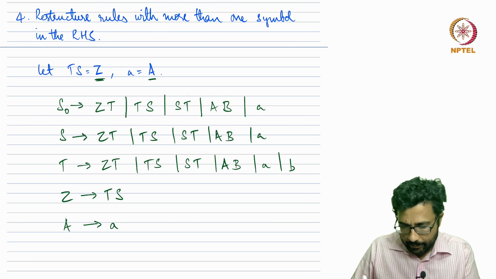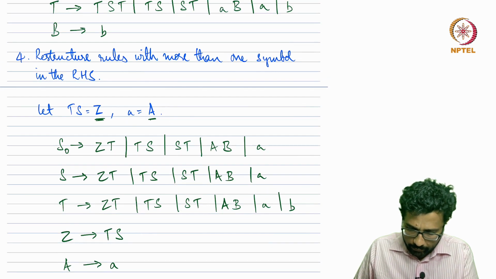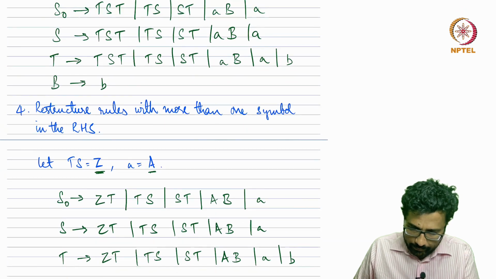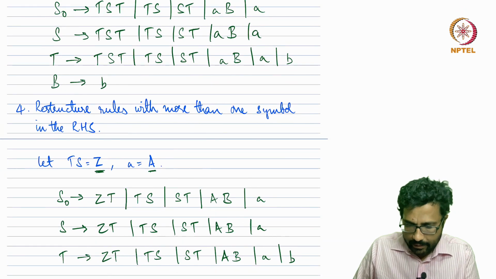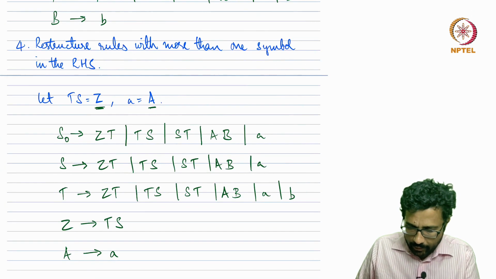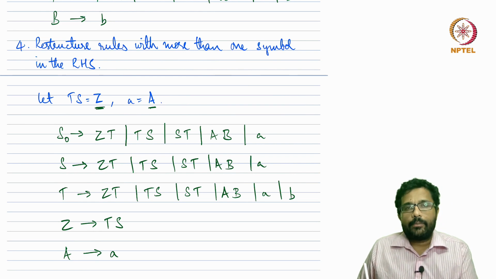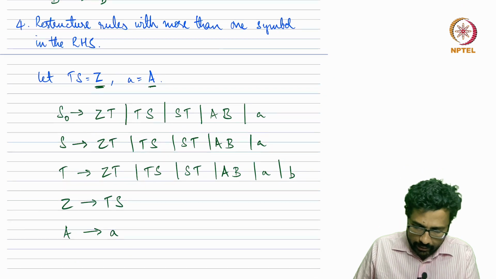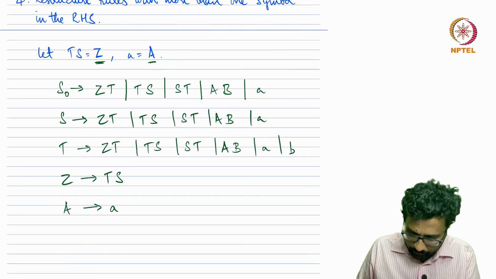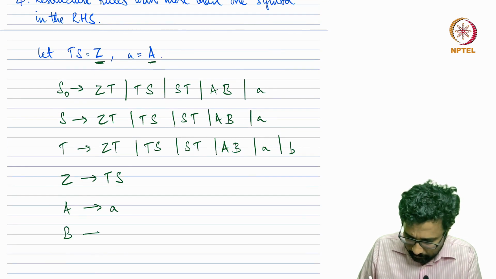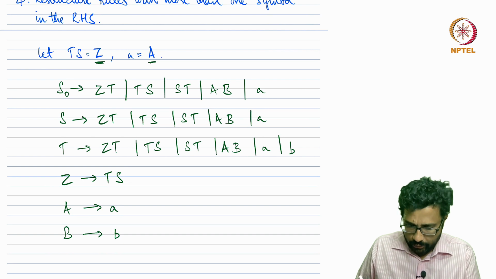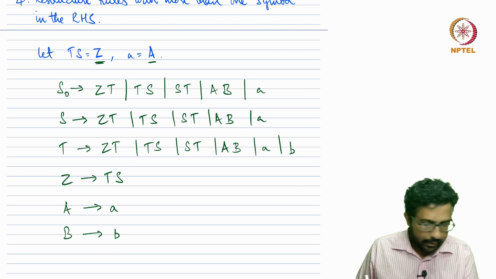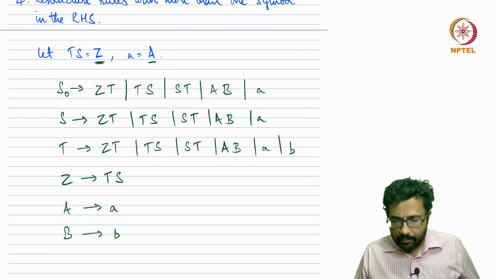So now you see that whatever modifications we did, S0 gives TST, etc. Now everything is still derivable with this change, right? The only thing that is remaining that is not included is B gives small b. So we have written that, and now that completes the transformation.